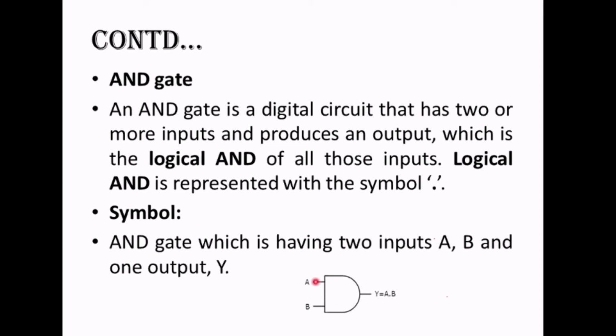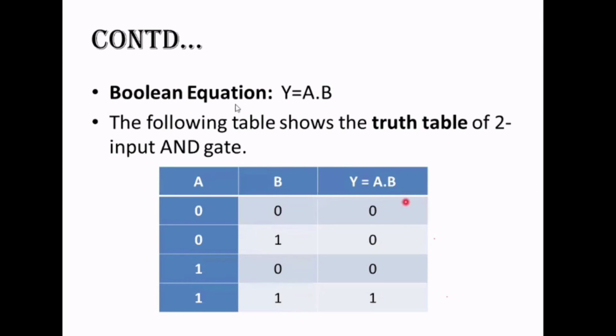Over here you can see the input variables I have named A and B. The output is represented by variable Y. The Boolean equation is Y is equal to A dot B, where dot is the symbol for the logic AND gate. Understood?